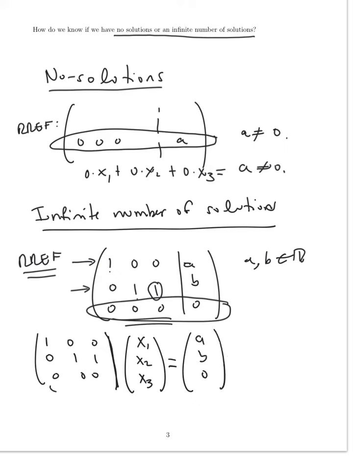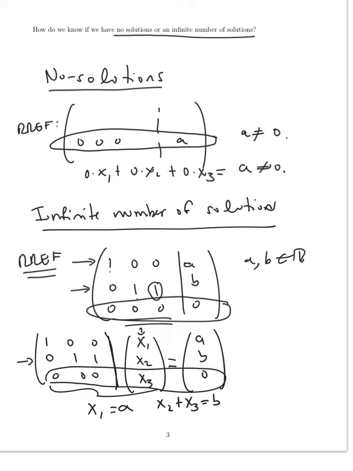If I multiply this out, I get that x1 has to be a. And then multiplying the second row times my vector x, I end up with x2 plus x3 has to be b. And then this last row doesn't tell me anything, because there's no contradiction.